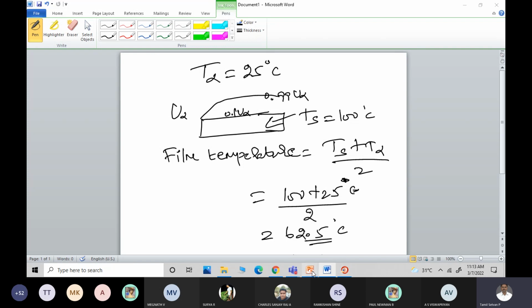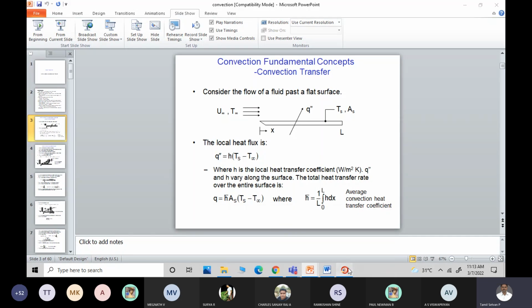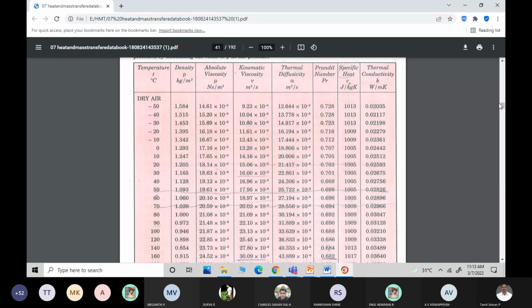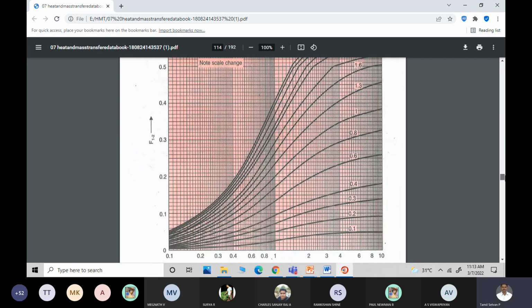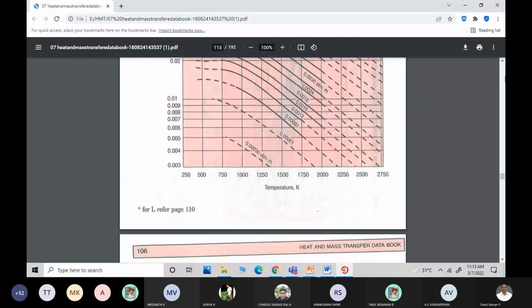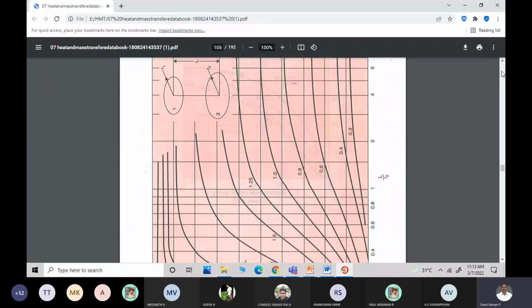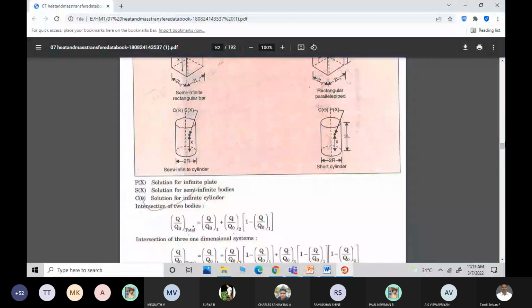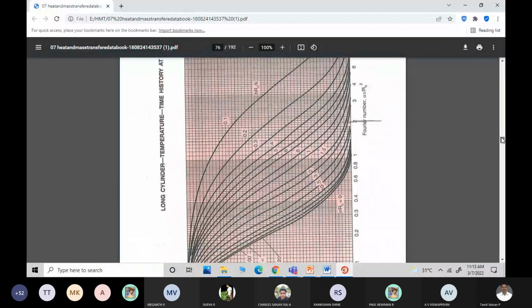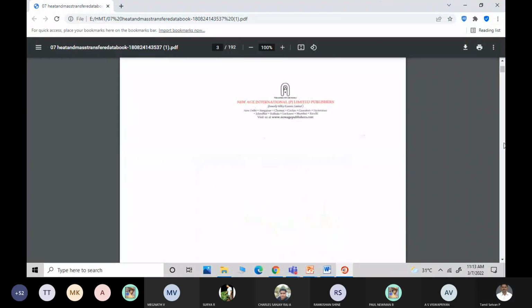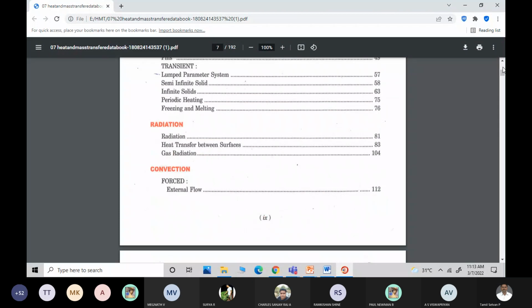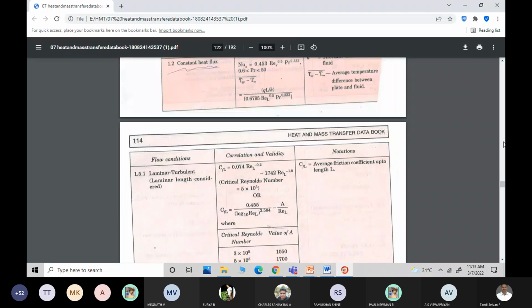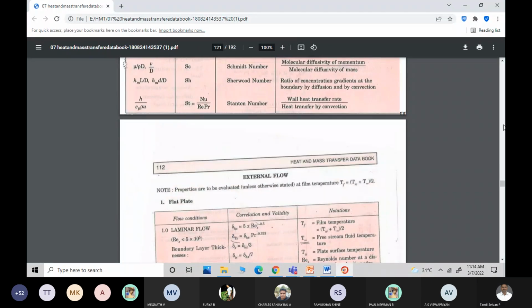You can see here, even in the data book, forced convection, page number 112.